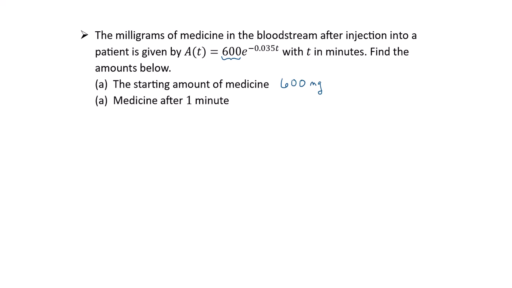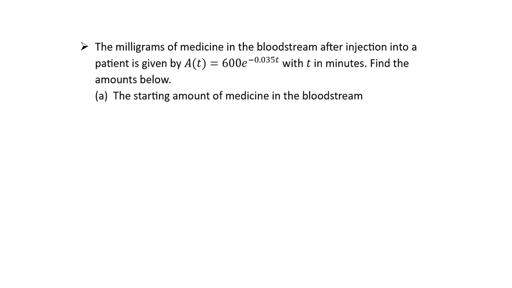What is the amount of medicine in the bloodstream after 1 minute? To find that, the milligrams of medicine in the bloodstream after injection into a patient is given by A of t equals 600 e to the negative 0.035 t, with t in minutes.